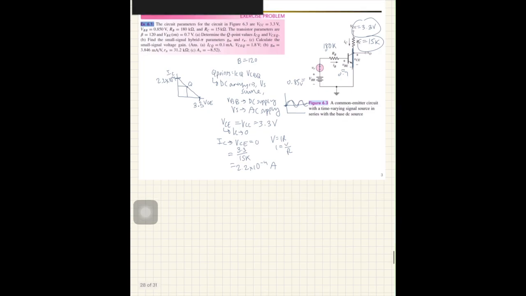So by finding the Q point, now we will focus on what is the value of IC here. There are some equations that relate to the other components, so we can actually find IB first. And remember, since we are doing the DC load line, the AC source is shorted.